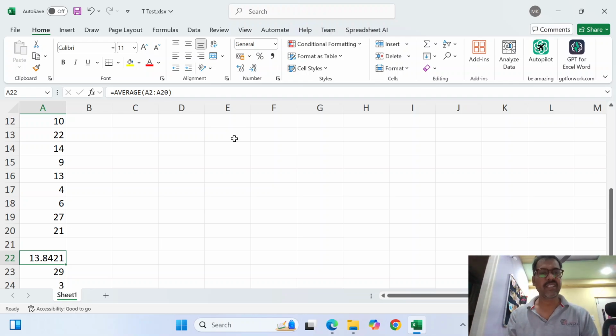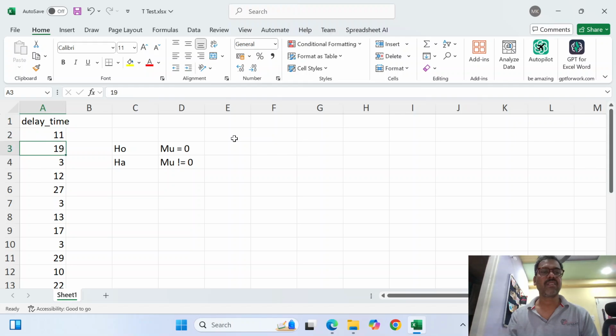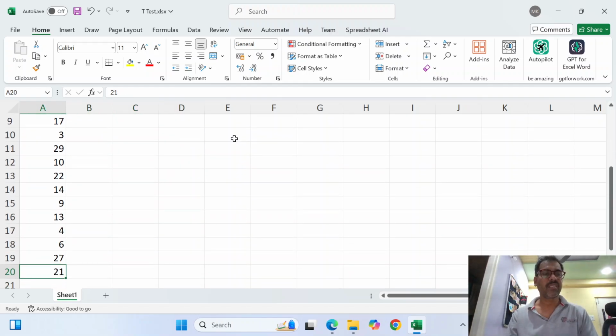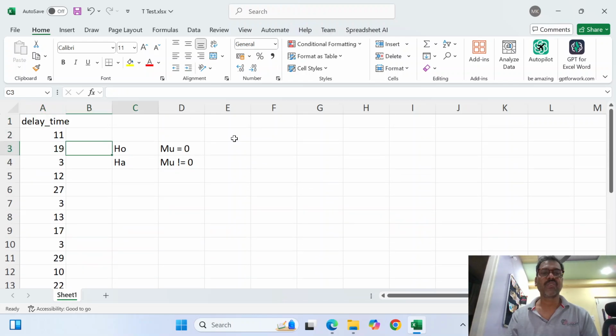Now this one sample t-test is we are going to decide, though we have some certain delay which appears to be so alarming in this scenario, but in the population it could be 0. That is our proposition, our assumption. We are going to validate our proposition using this null hypothesis.